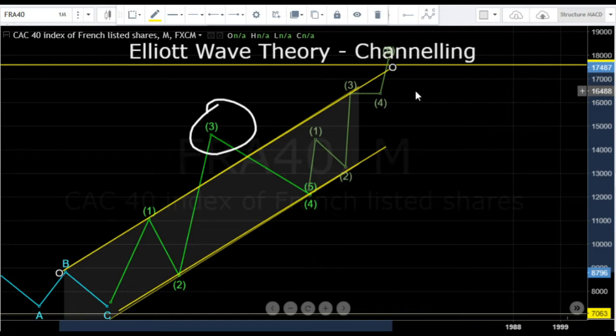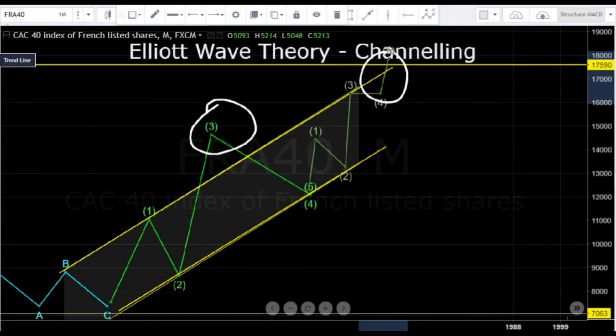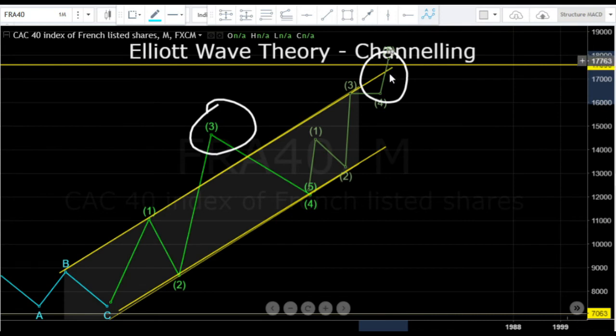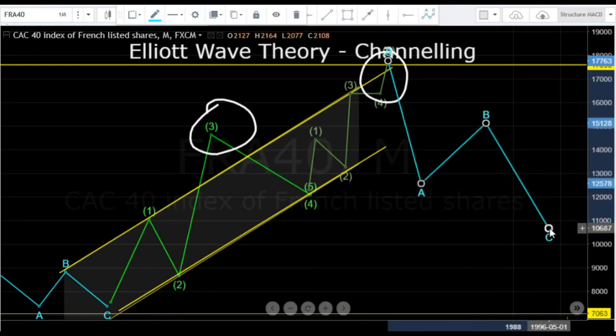Now in those situations, obviously it's very important to do our internal wave count, because that will tell us whether wave 5 is complete or not. And yet again, this gives us a clue to where we're going to look for a change of direction, a decision point, where we start to look for our next move down.